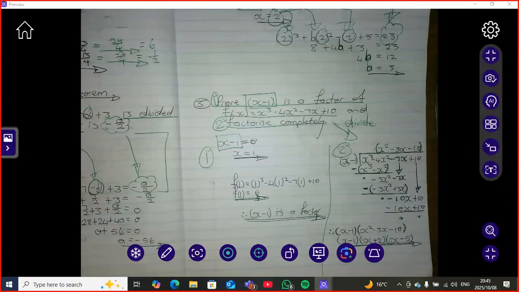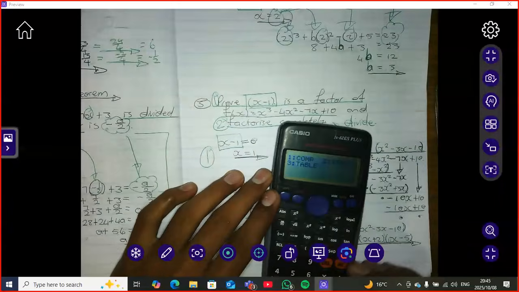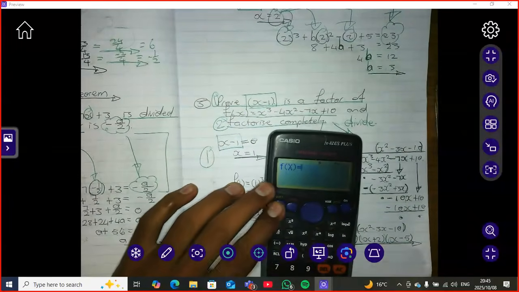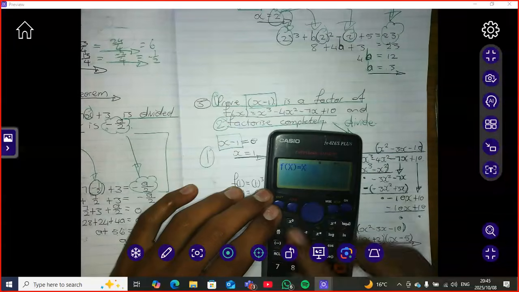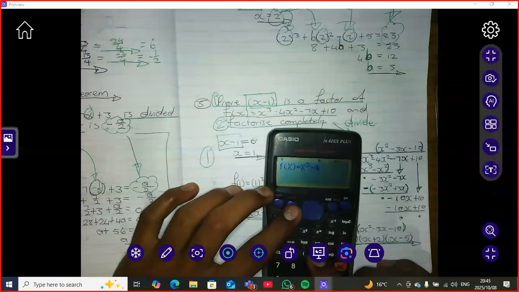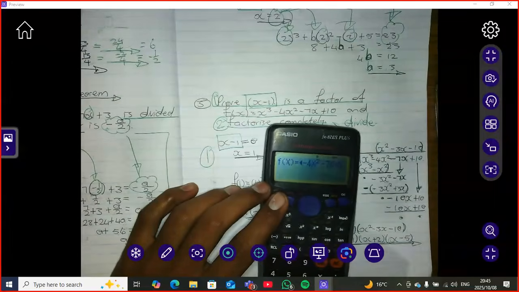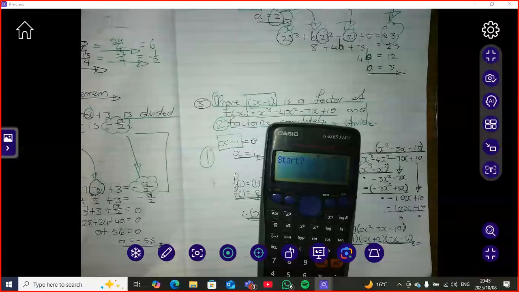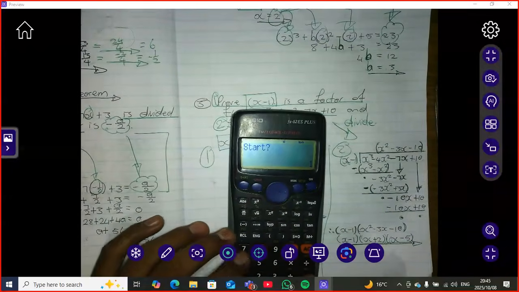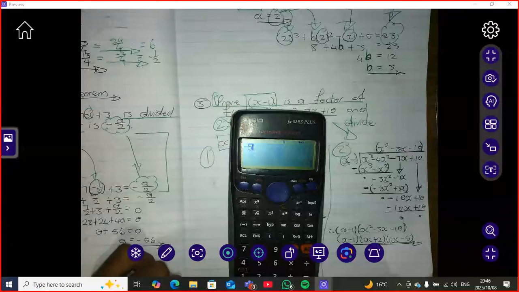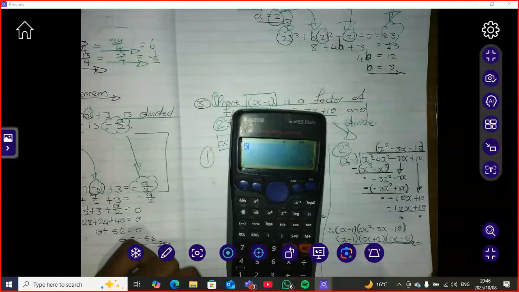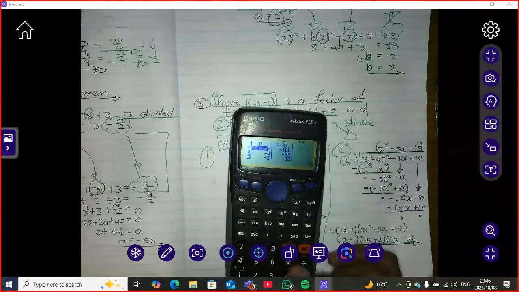Synthetic, you can do whatever you like. This is just one method. So, I don't know if I can find it anymore. But if you go to your calculator, then you say x cubed minus 4x squared minus 7x plus 10. So we start at negative 5 and go to positive 5, step 1.